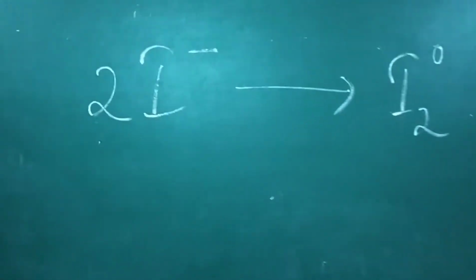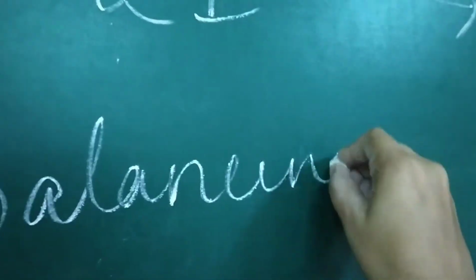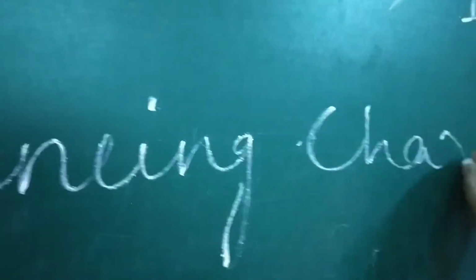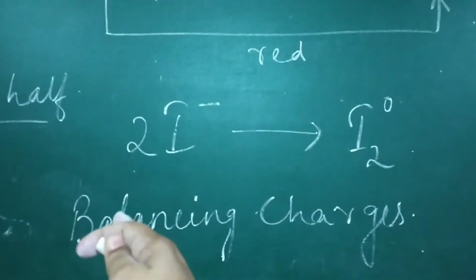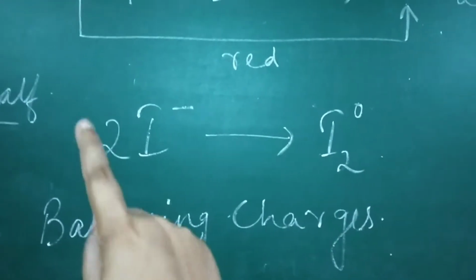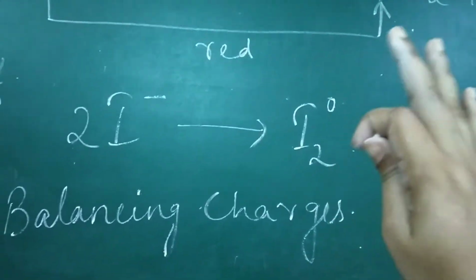So the next step is to balance the charges. So on the reactant side, there are two minus charges and on the product side there is a 0 charge. It is the neutral side.